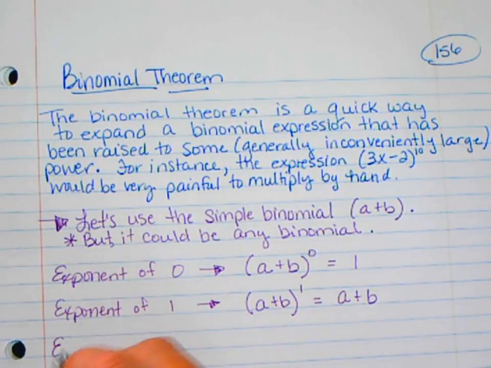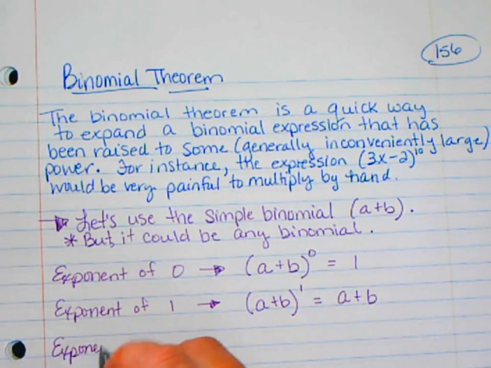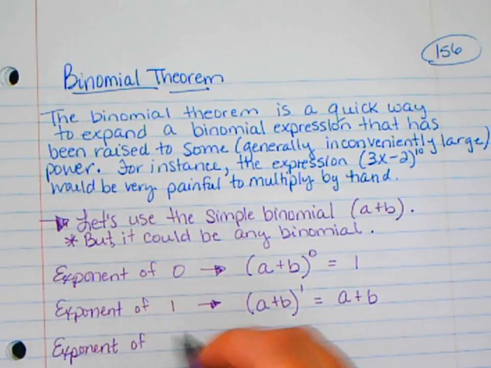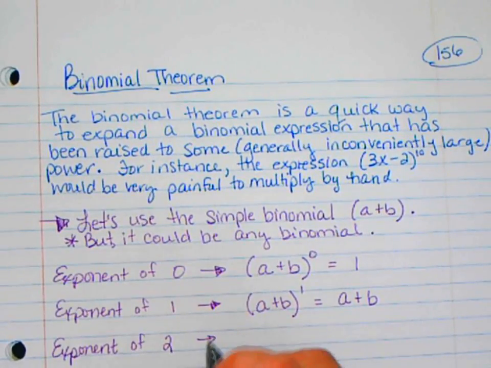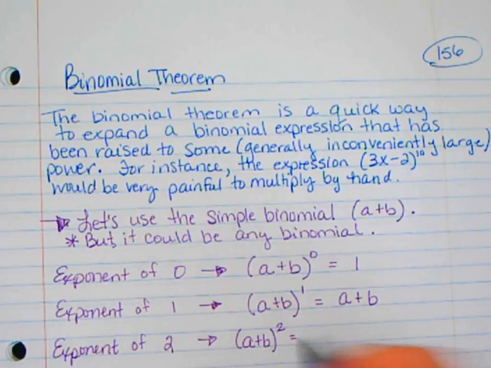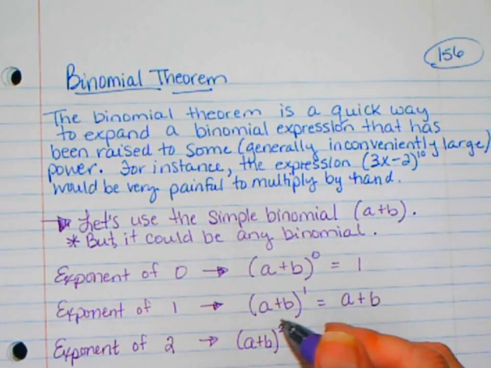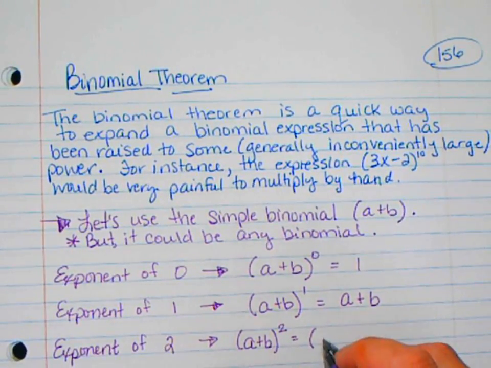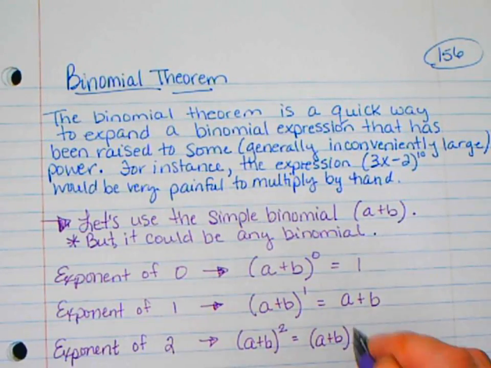What if we have an exponent of 2? So that would be a plus b quantity squared, which is not a squared plus b squared. Remember, that means a plus b times a plus b.